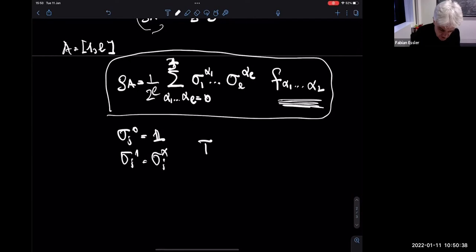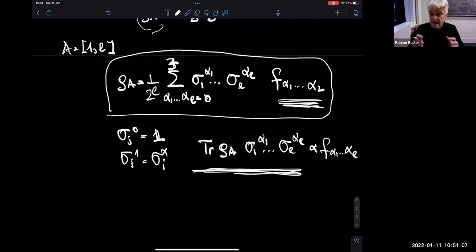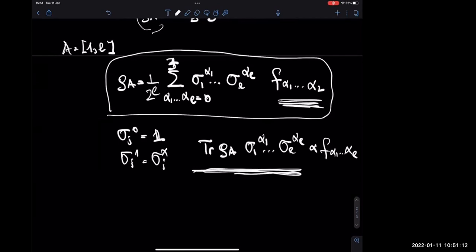Because if you take the trace of rho A times sigma 1 alpha 1 through sigma L alpha L, up to some normalization, this is proportional to F alpha 1 to alpha L. This is the kind of thing that I have defined for you, but now not on the lattice, but in the continuum.